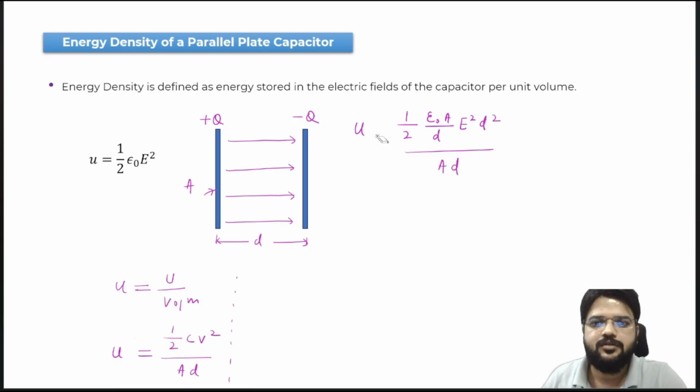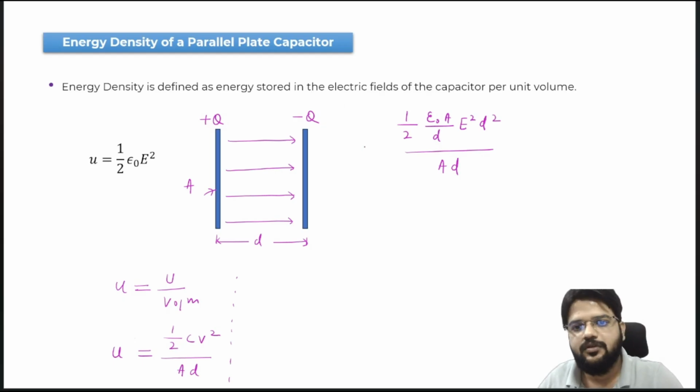All right. Now, here we have D, here we have D. So D square, and D square is cancelling, and A and A are cancelling. So finally we have energy density equal to half epsilon naught E square. This is the final result.